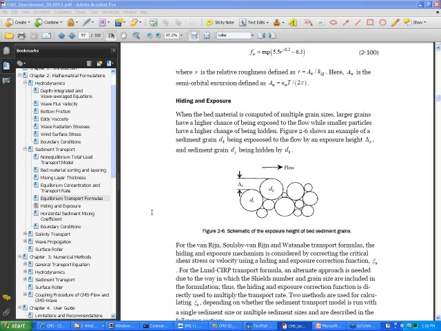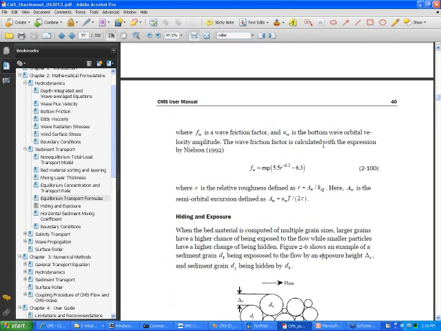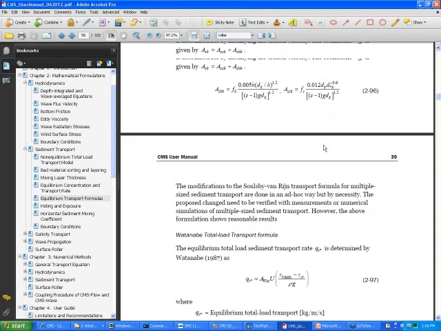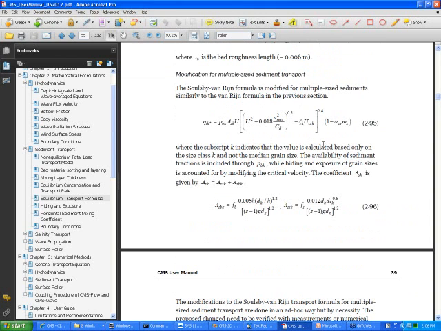The question is whether the hiding and exposure and the availability of the bed are applied to all the transport formulas or just the Lundstrom. The answer is yes, they are applied to all of them. And in the manual we describe how they are applied to each formula. Depending on the formula, it's a little different.